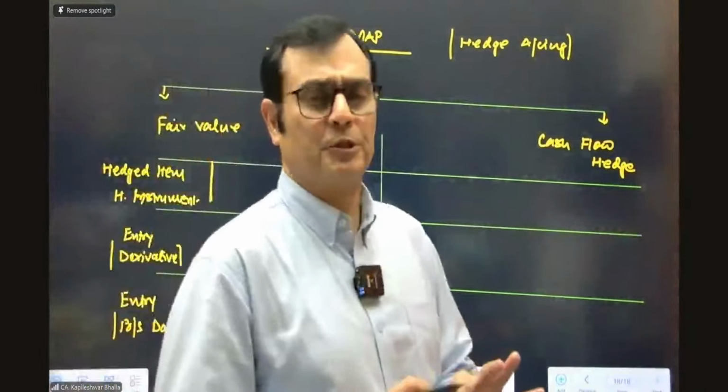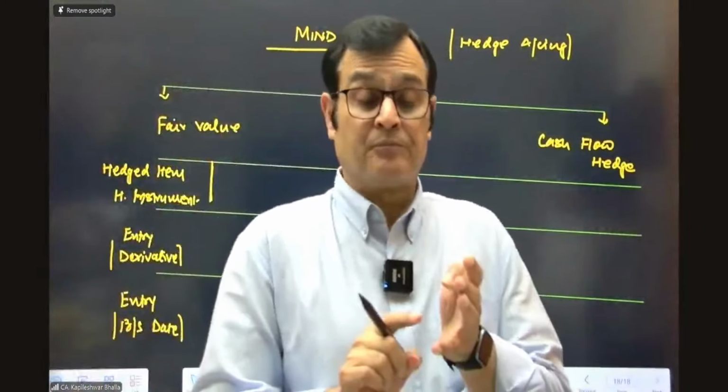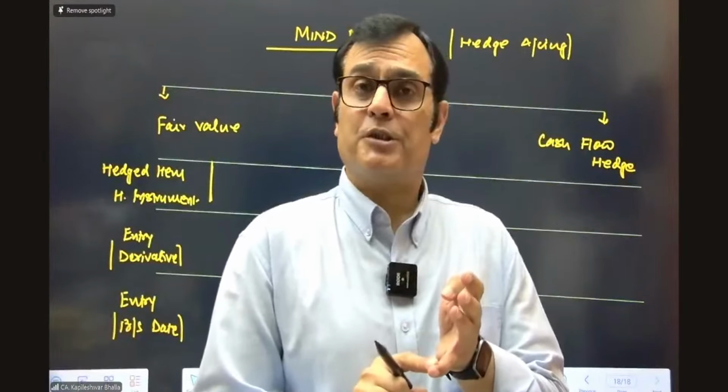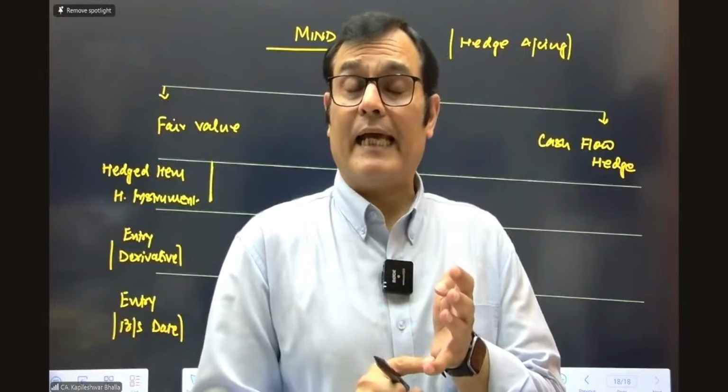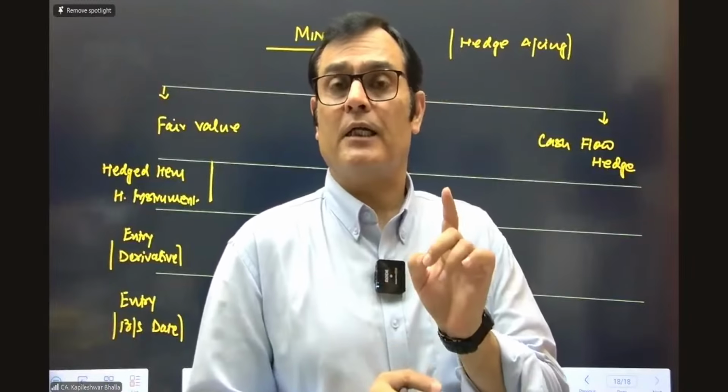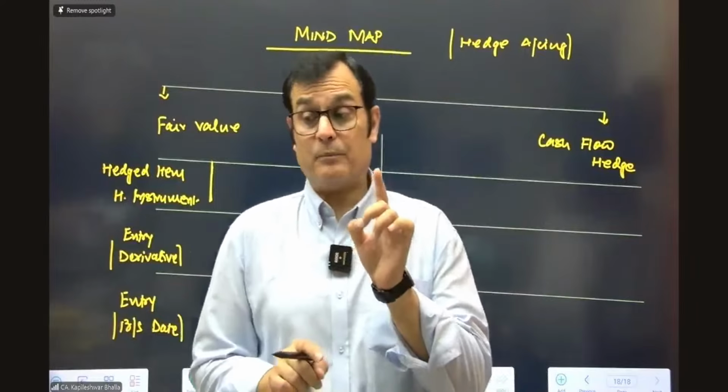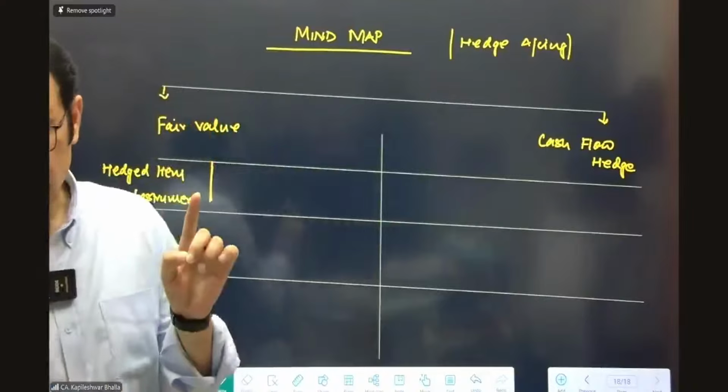Now let's put some questions to you, point blank. Can I say in a fair value hedge, the hedged item and the hedging instrument both are recorded at fair value, except one exception, correct?